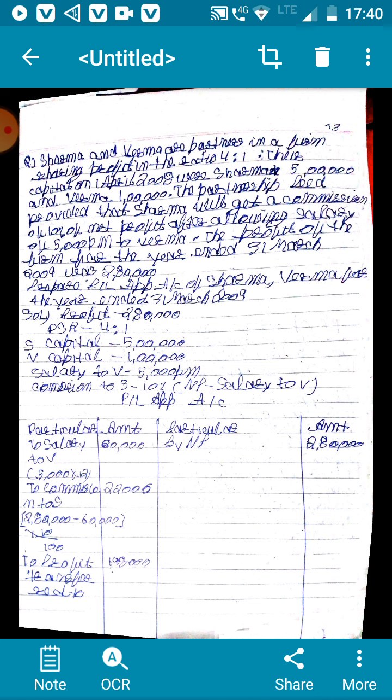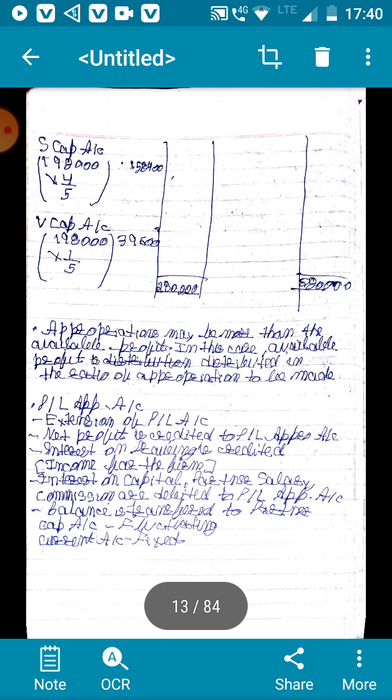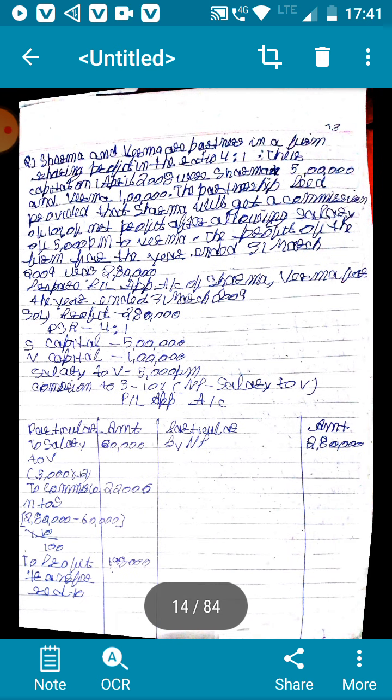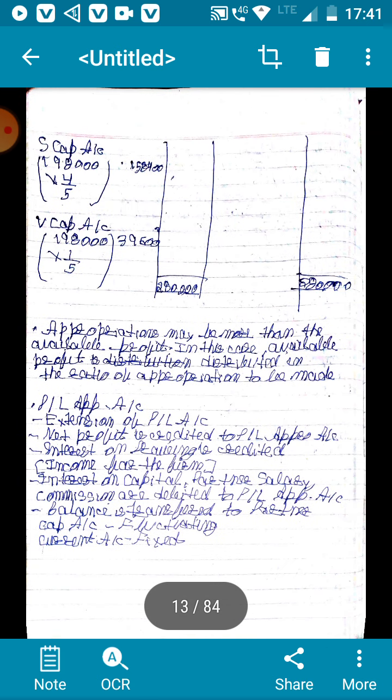Four upon 5 part of 1,98,000 is given to Salma's capital account, and 1 upon 5 part is transferred to Balma's capital account.